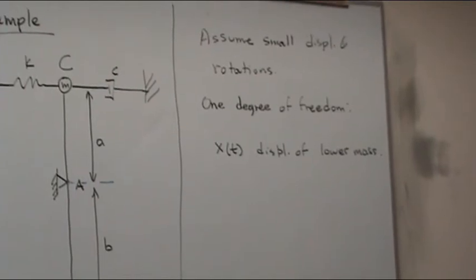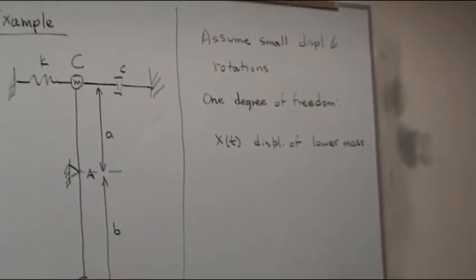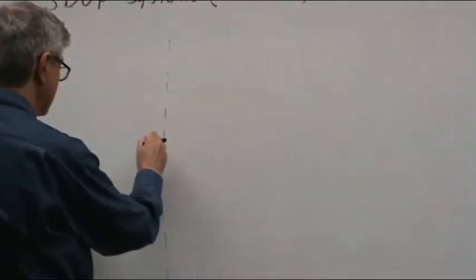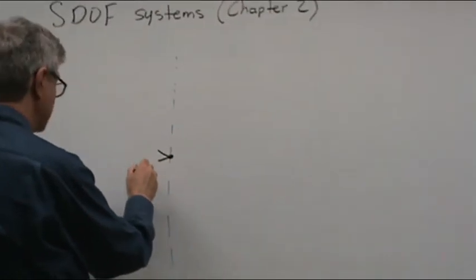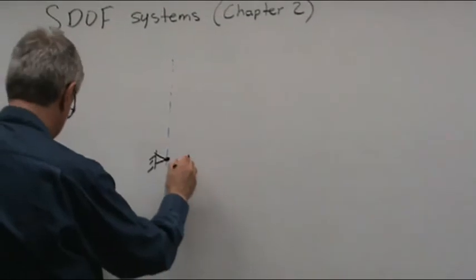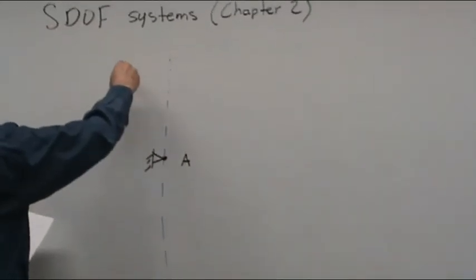Okay. So the reference, the vertical position, I'm sorry, this is the vertical position of the beam. This is the point A, the pivot. And now you have some rotation.